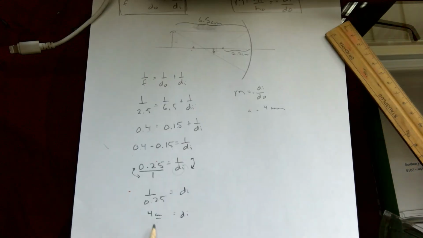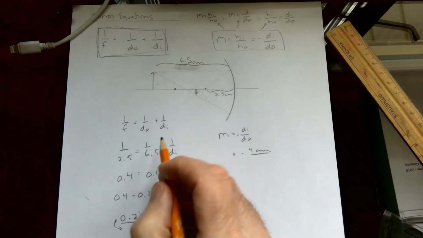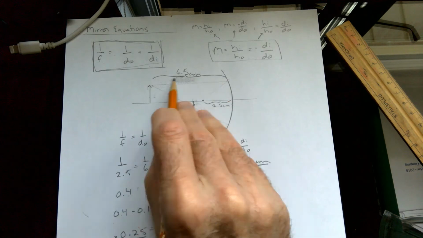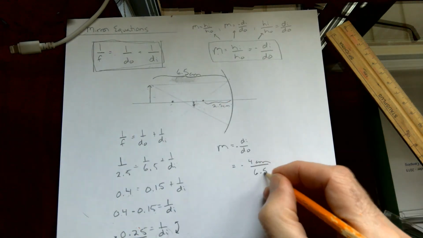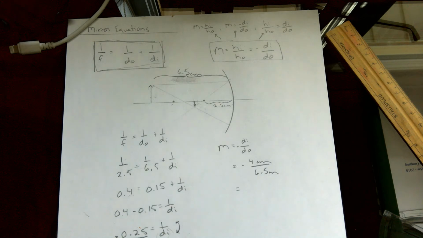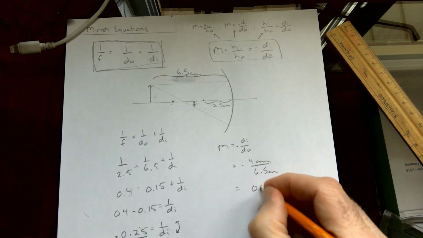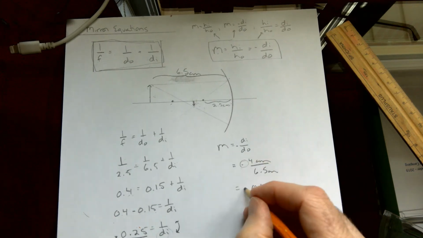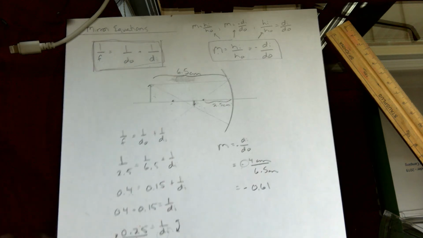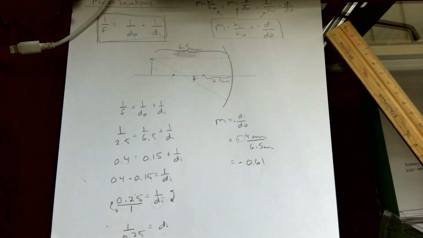So in the last formula, we found the distance of the image was 4 centimeters away, over the distance of the object, which on our diagram is 6.5 centimeters away. 4 divided by 6.5 equals 0.61. And there's a negative sign in this formula. It's negative 0.61, meaning it's gotten smaller. So a negative magnification means it's gotten smaller.